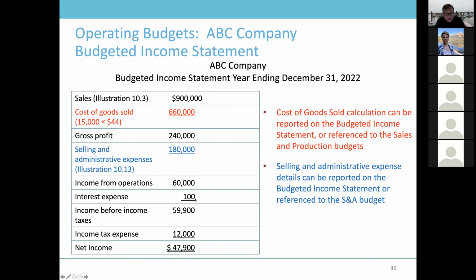And then you subtract your interest, 100, and your income tax expenses, 12,000. Your end result, net income, is 47,900. So you are projecting that if everything works well according to the budget, you are going to make $47,900, right?